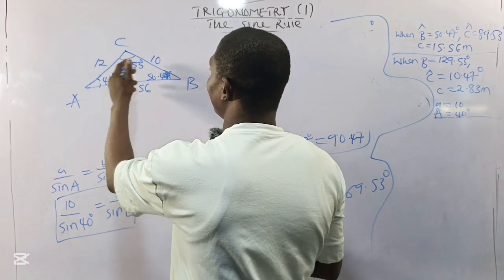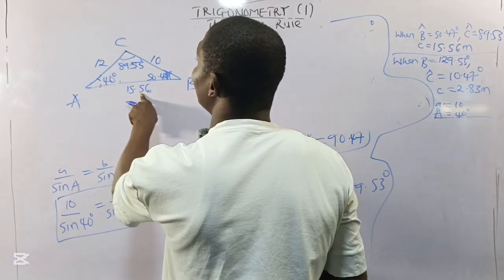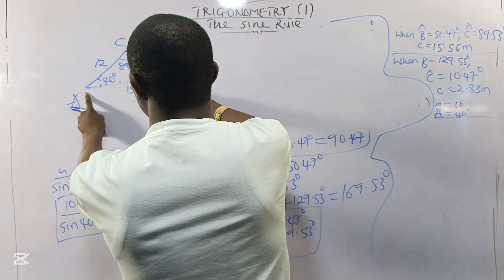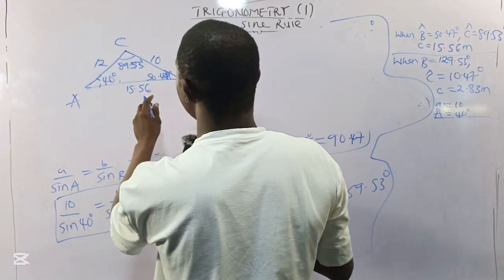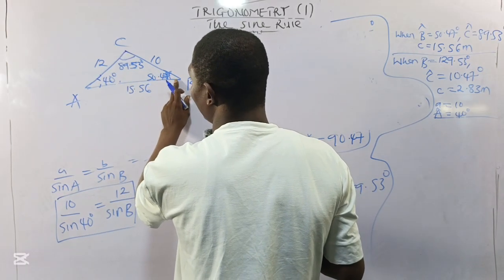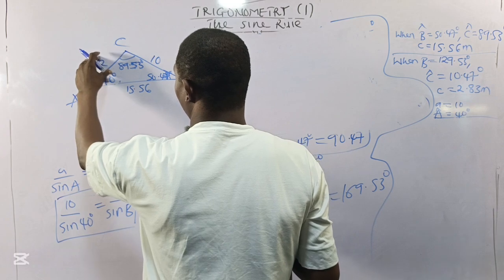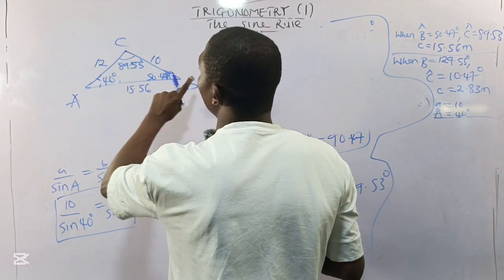Now let's see angles. 89.53 is the biggest angle. It also has the biggest side, which is what? AB. Correct. The next bigger angle after angle C is angle what? B. The side 12 is bigger than that of 40 degrees, which is the side 10. So this is good to go.